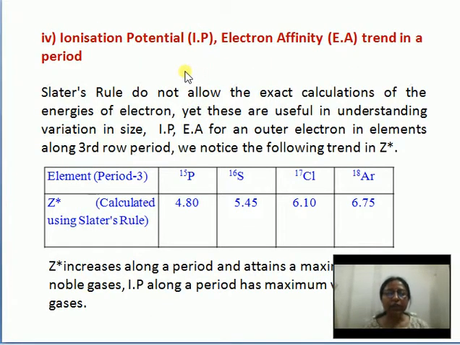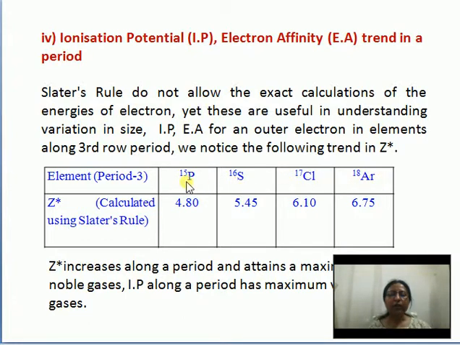Another application of Slater's rule is that the trends of ionization potential and electron affinity in the periodic table we can explain using Slater's rule. All these physical properties are basically related with the atomic size, and this atomic size basically depends on the effective nuclear charge of the atom. So here I have chosen in period 3 some of the elements like phosphorus, sulfur, chlorine and argon.